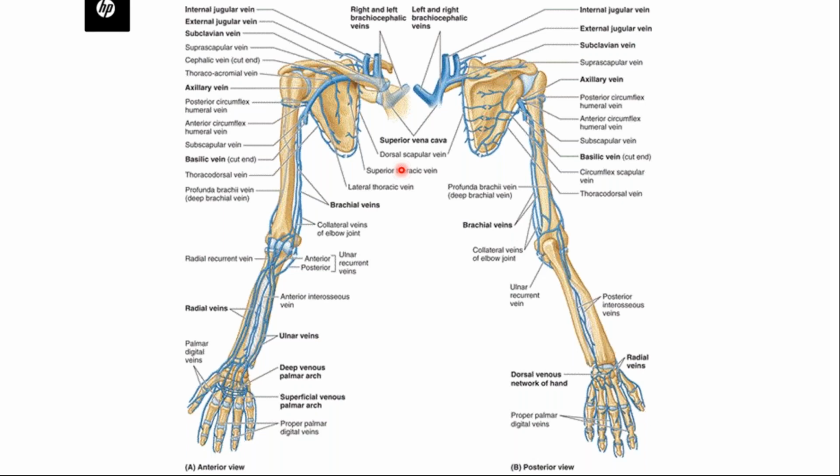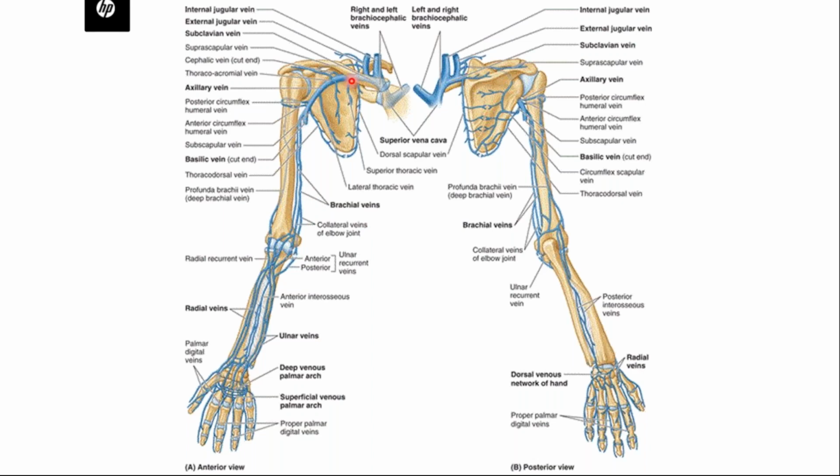So here it starts as the superficial and deep venous palmar arch. Then these unite to form the radial and the ulnar veins. The radial and ulnar veins join near the elbow to form the brachial veins. The brachial veins drain into the axillary vein.